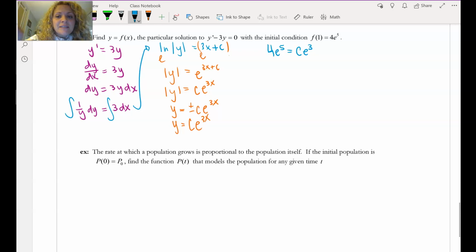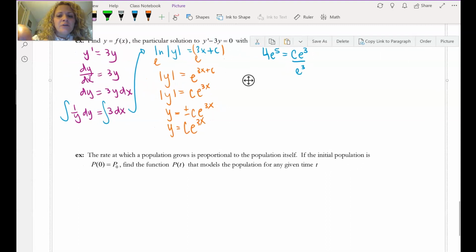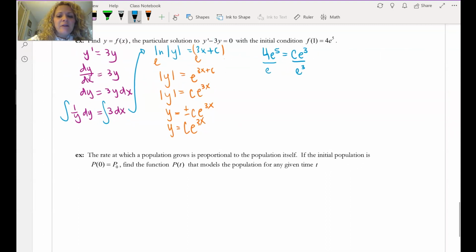And now to find c, it's going to be so much easier. We can just divide both sides by e cubed. Having a really hard time. When we do that, 4e to the 5th divided by e cubed is just 4e squared. So that's a much nicer c to work with.